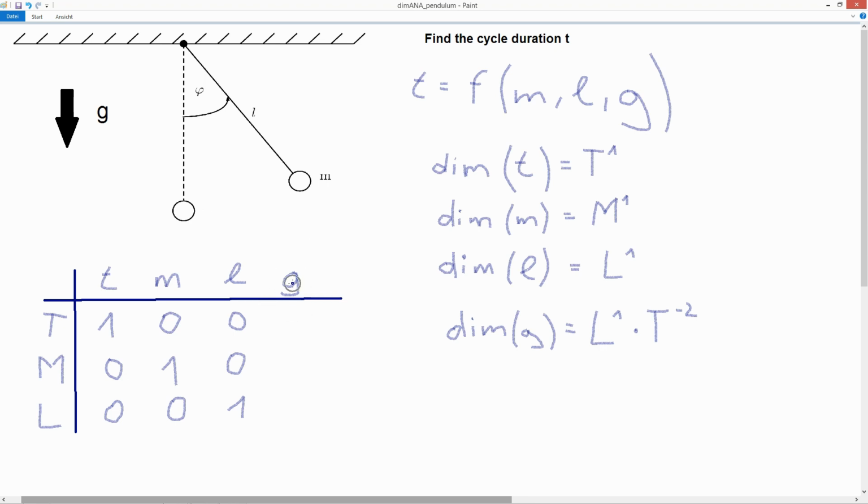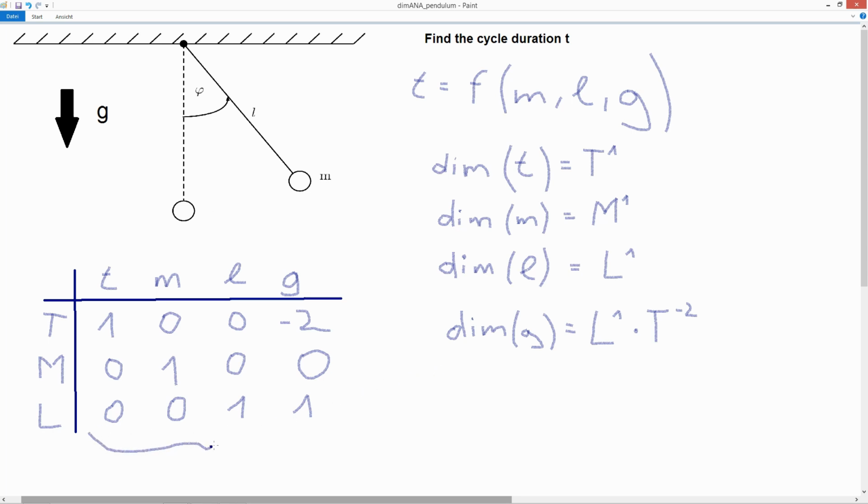The gravitational constant G depends on L and this to the power of 1. So L gets a 1 and it depends on T to the power of -2. So T minus 2, and it doesn't depend on capital M. So 0. Now we have this matrix here.